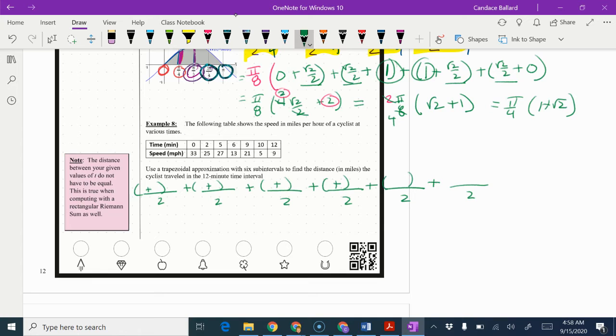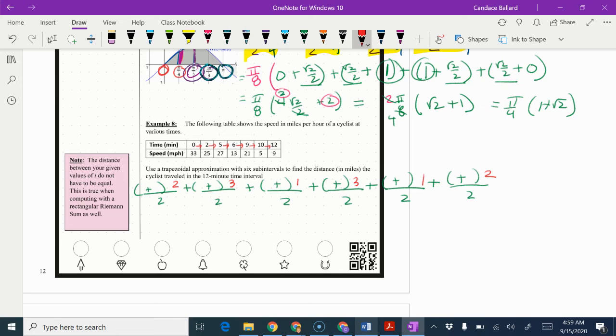So when we are in a tabular problem like this, our heights actually come from the distance in between. So my first height is 2. My next height is 3. My next height is 1. My next height is 3. My next height is 1. And my next height is 2.